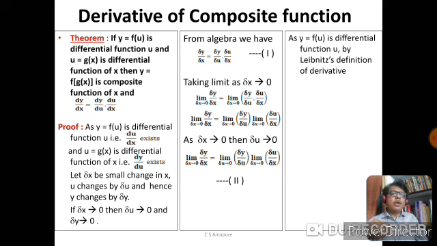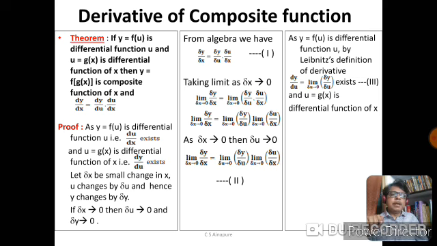y is equal to f of u is a differentiable function of u, it is given. Then by Leibniz definition, dy by du is equal to limit delta u tends to 0 of delta y by delta u. It exists because of the given condition.